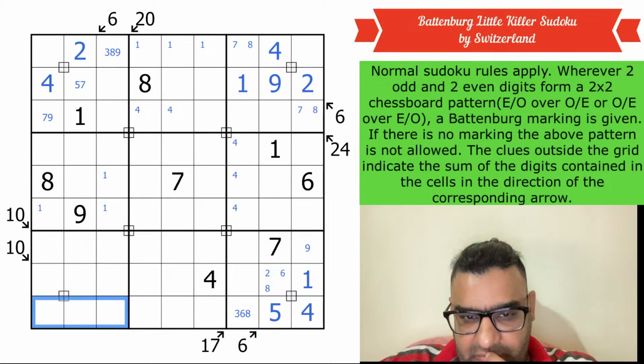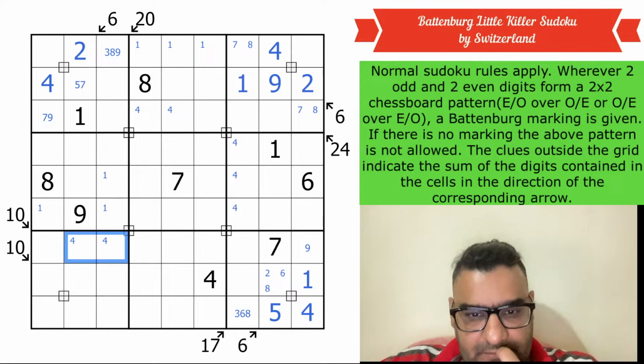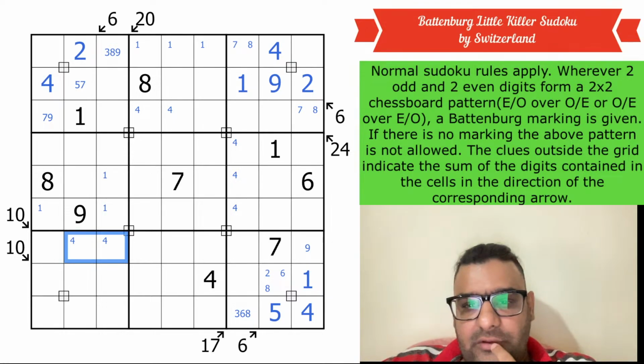This cannot have a 4. This cannot have a 4. This cannot have a 4. So 4 should be here. 1, 2, 4, and 9.